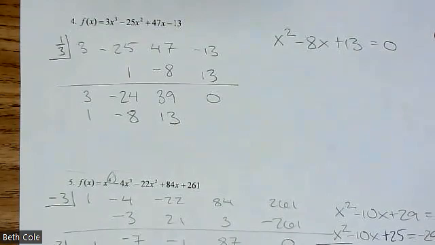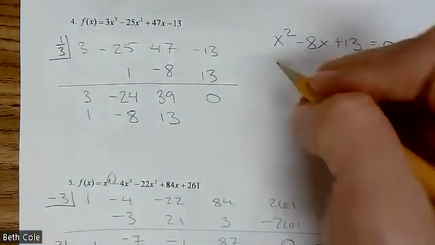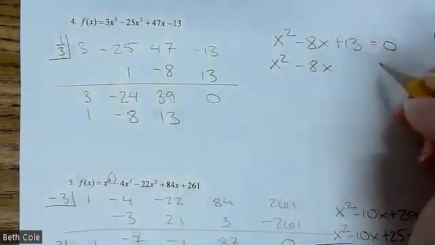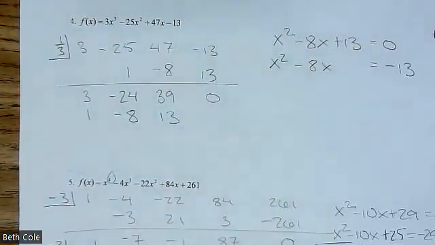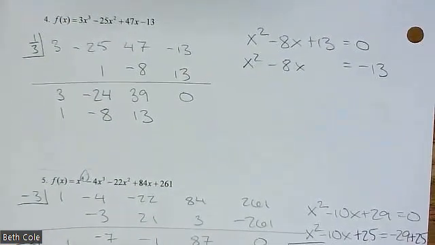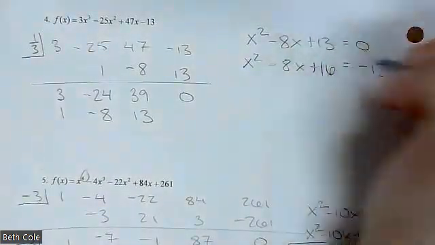So what do we do instead? If it doesn't factor, hint, it's like your quiz, the ones that I went over. Complete the square. Subtract over the 13. And then what are we going to add in that gap? 16. Perfect.